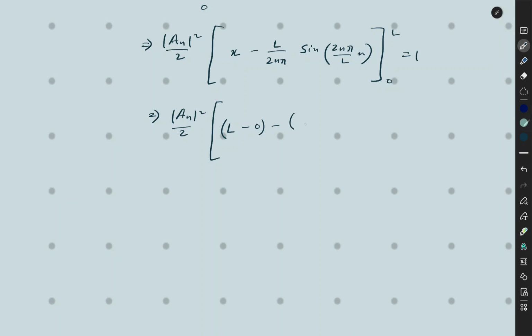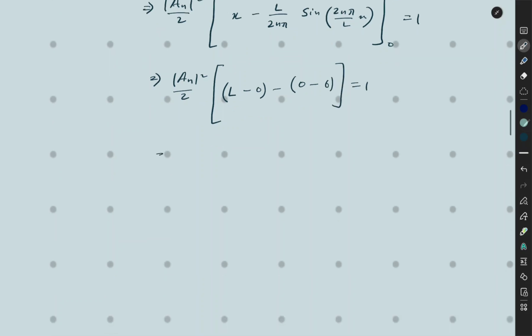And minus sine of 0 is 0. So we get mod A n square equal to 2 by L, which implies A n equals square root of 2 by L.